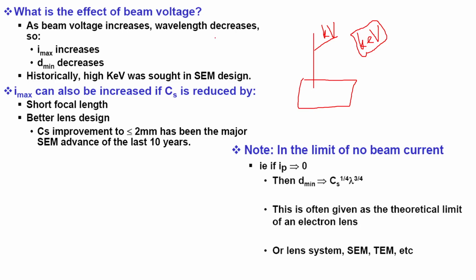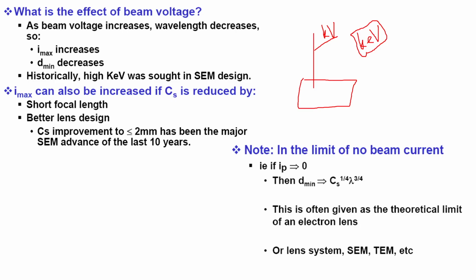If you have high voltage, it will have high current and a lower D value, that means a lower probe size. So previously we concluded that higher kV will solve all the SEM problems, but the higher the current, the higher will be the spherical aberrations.